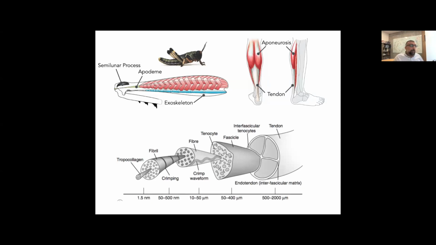Tendons, as most of you know, are made primarily of collagen. When we look at this hierarchical structure of the tendon, we can see that tropocollagen is one of the primary proteins, and the helices that form are collagen fibers in that 10 to 50 micron range.